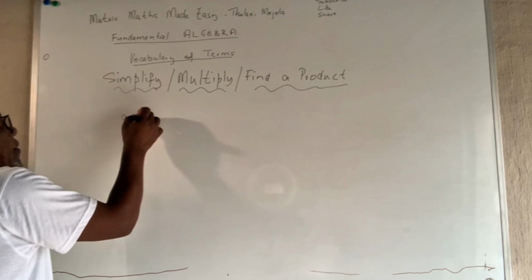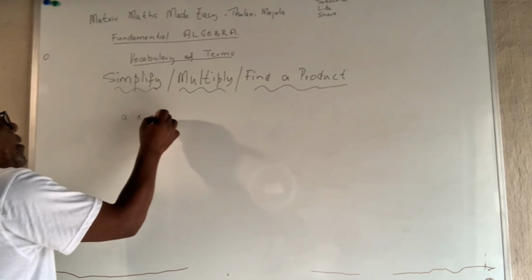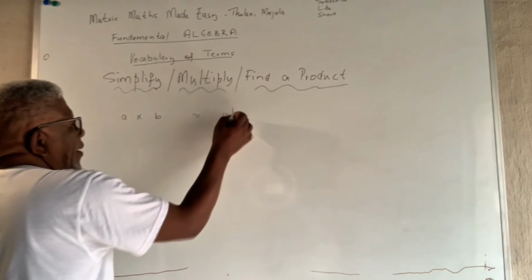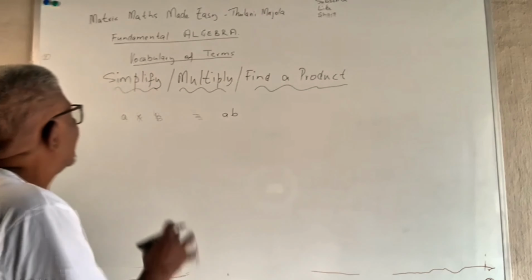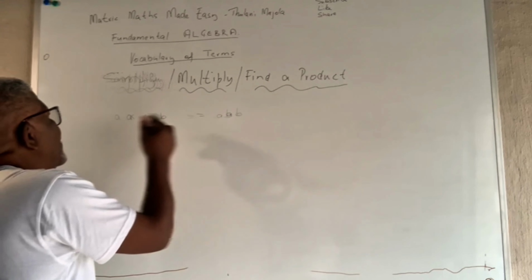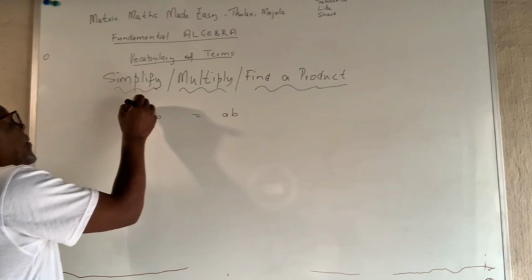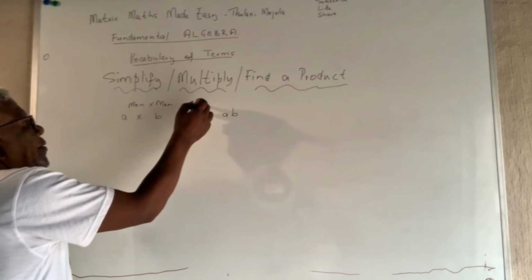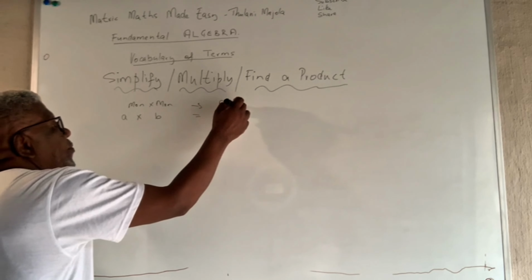A times another monomial, you get a monomial. So A times B equals AB. So it's monomial times monomial gives you a monomial.